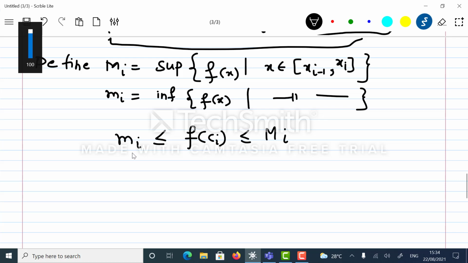So let me take only this part. Now small mi is less than or equal to f at ci.